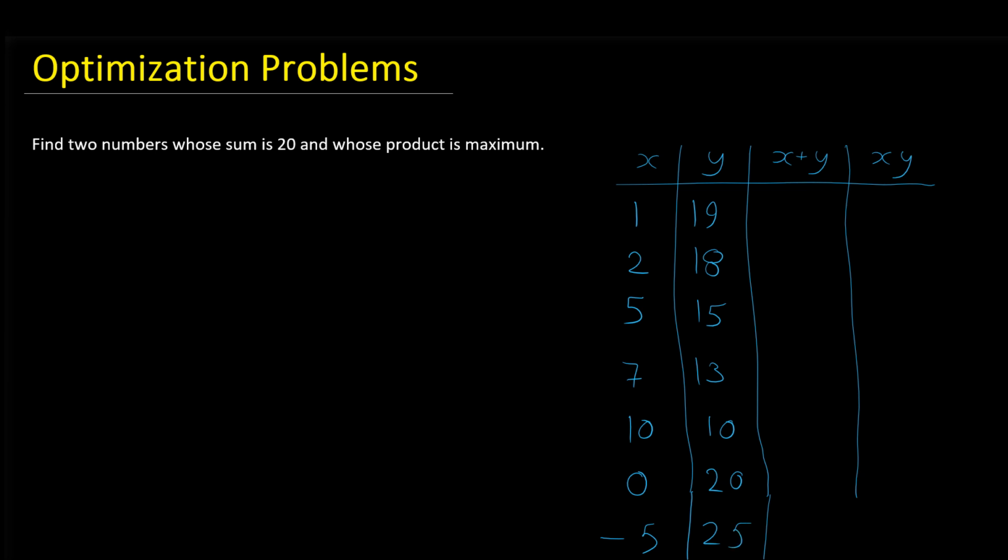The sum of all of these pairs, if you check, is 20. 1 plus 19 is 20. 2 plus 18, 20. 5 plus 15, 20. 7 plus 13 is also 20. 10 plus 10 is 20. 0 plus 20 is 20. -5 plus 25 is also 20.